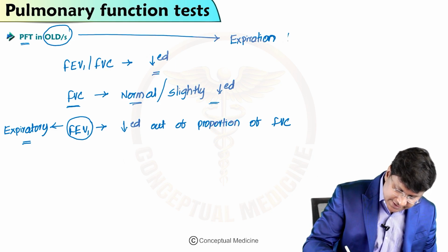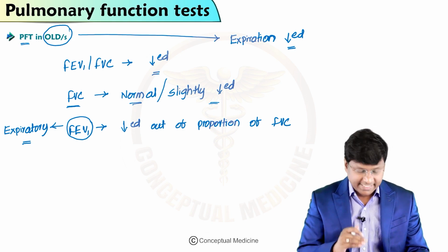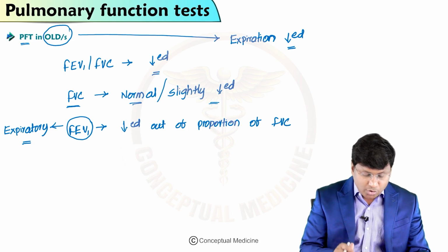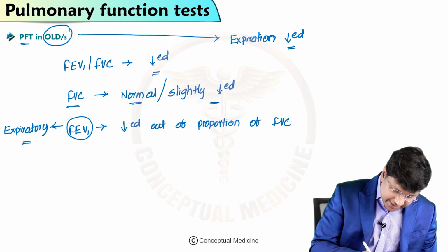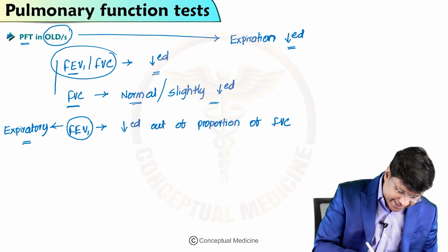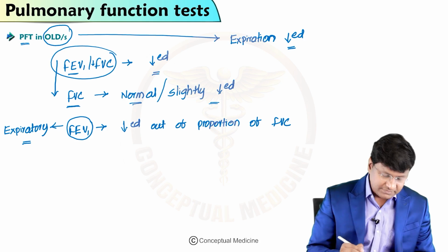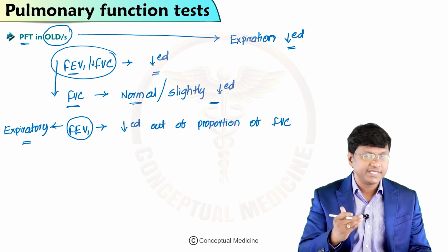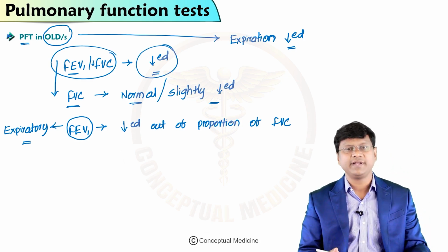So that is the reason why FEV₁ is decreased out of proportion to the forced vital capacity. And if you take the ratio FEV₁ by FVC, we have discussed that FEV₁ is grossly reduced, and FVC is normal or slightly reduced. So the numerator is more reduced compared to the denominator. So overall, what will happen to your ratio? The ratio will be decreased.